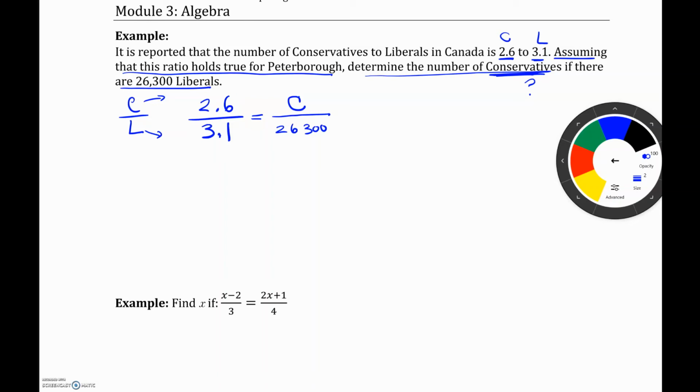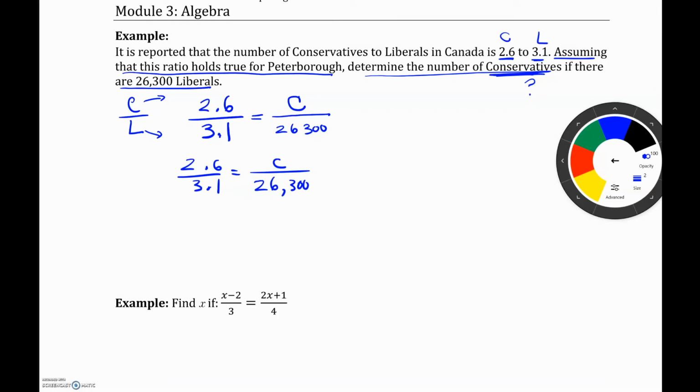Well, let's rewrite this. 2.6 over 3.1 is the same as C over 26,300, right? Now, how do we get the C all by itself?